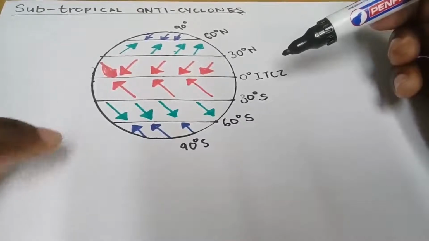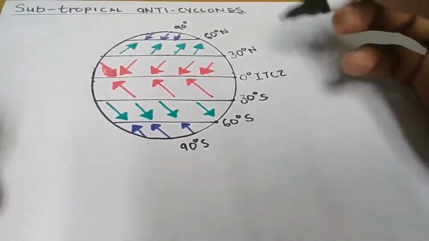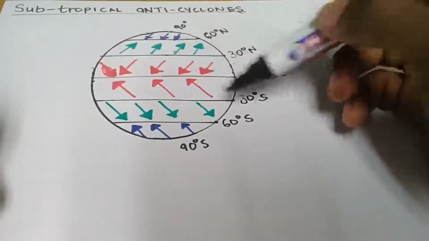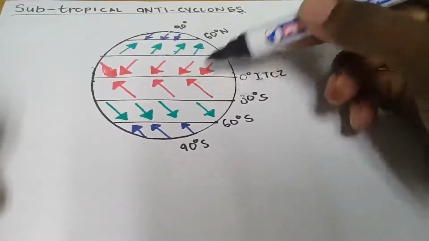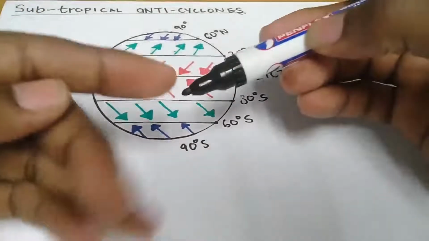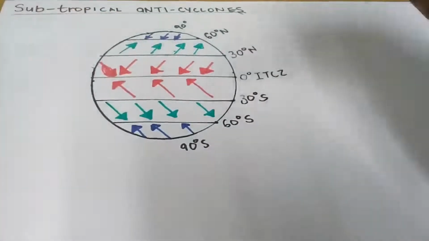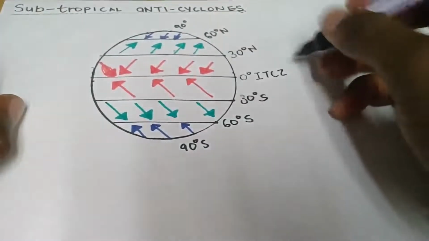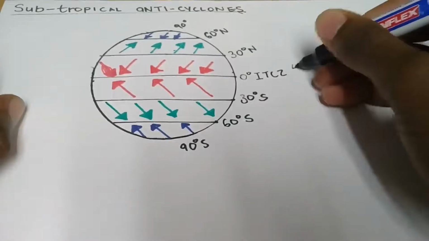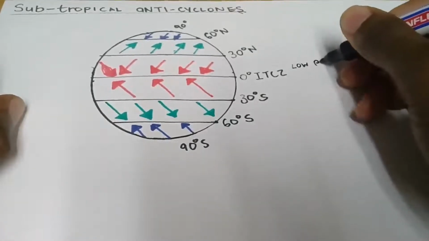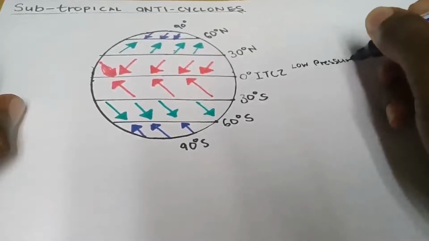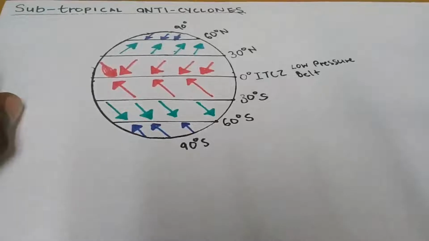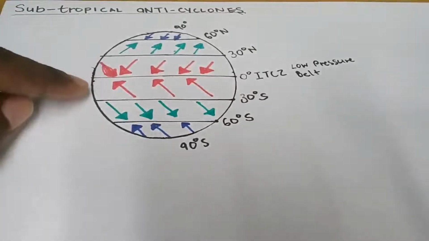As the tropical easterlies in our tropical regions converge, they cause low pressure in the ITCZ. That's why we say this is a low pressure belt.